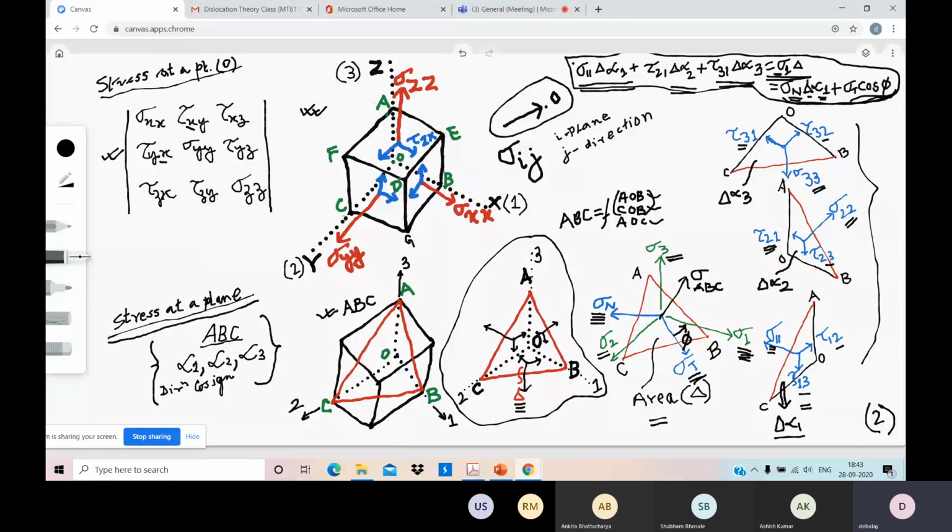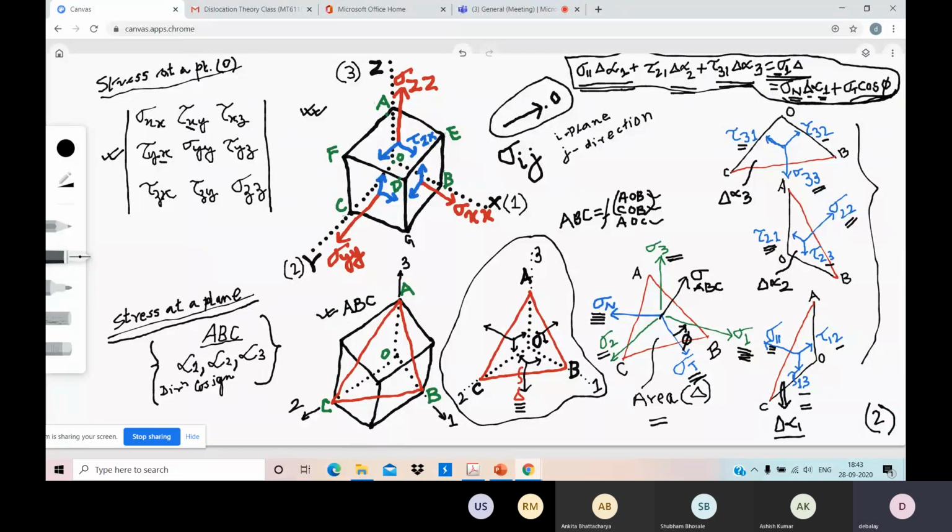Similarly, you can understand there will be force balance along direction 2 and direction 3. Can you write them down in this way? I can try.